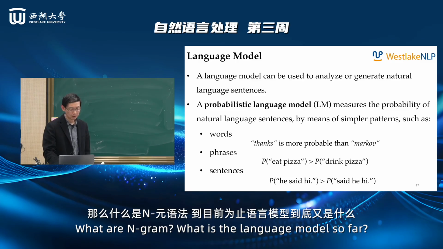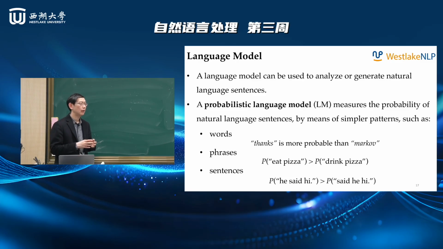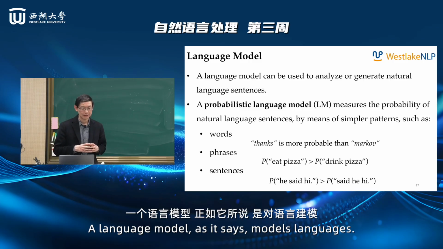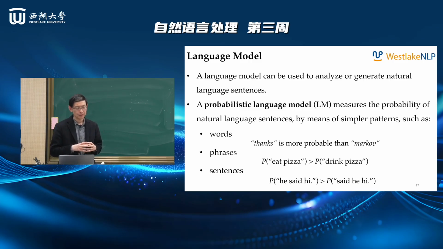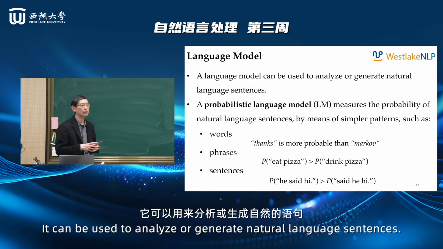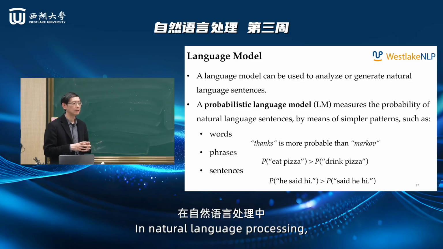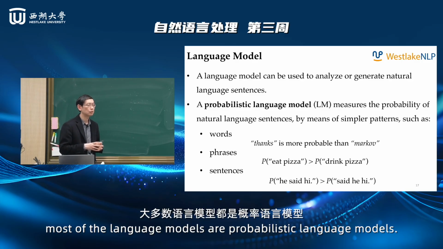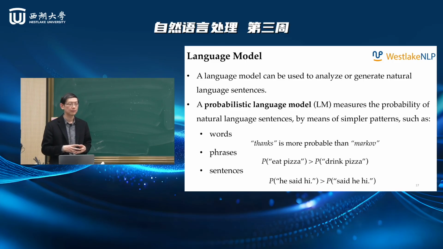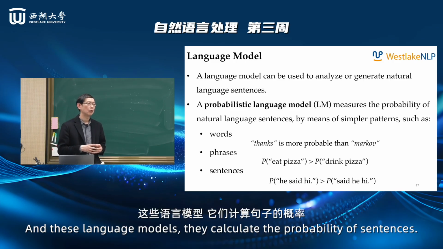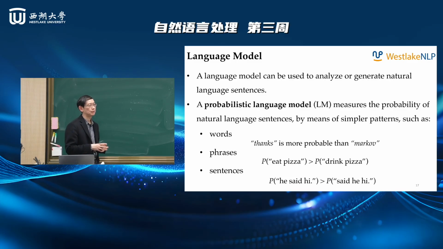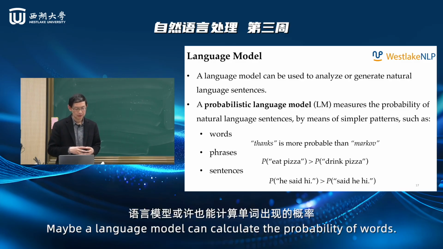So what are n-grams? What is a language model, first of all? A language model, as it says, models languages. It can be used to analyze or generate natural language sentences. In natural language processing, most of the language models are probabilistic language models. These language models calculate the probability of sentences. Maybe a language model can calculate the probability of words.